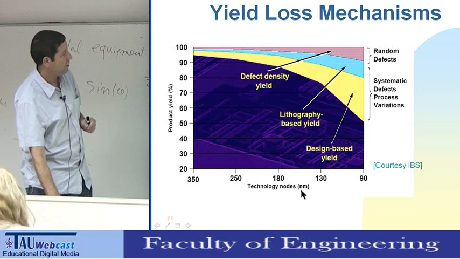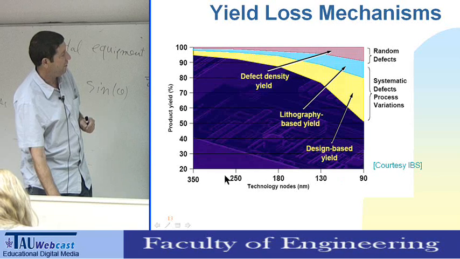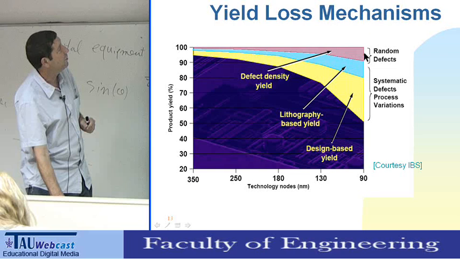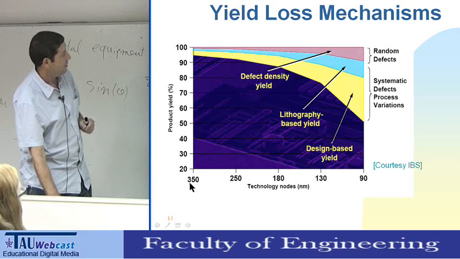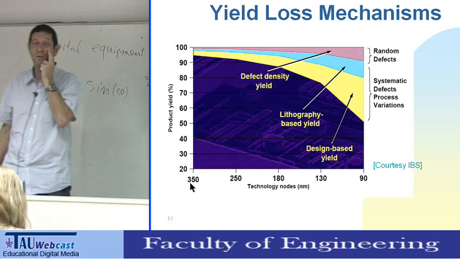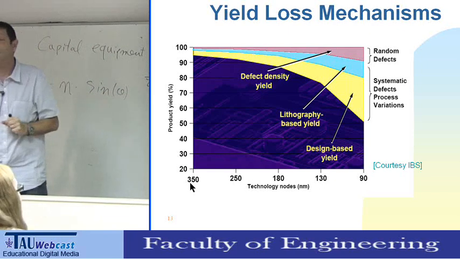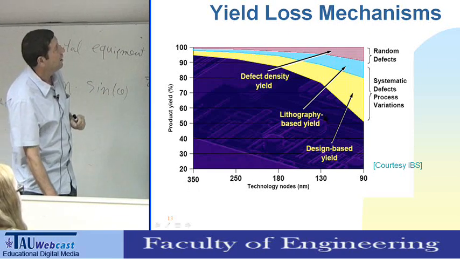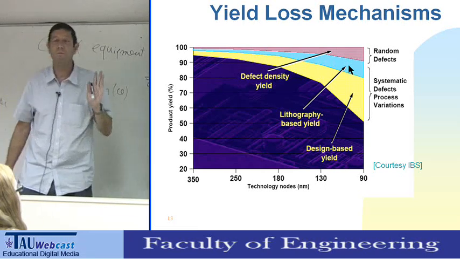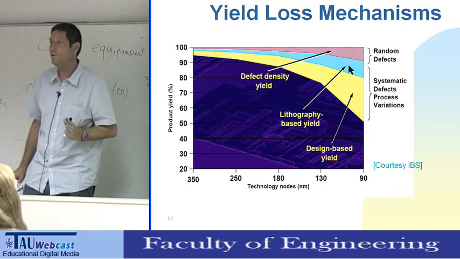So this is technology node. This is 350, 250, 180, 130, 90 nanometer. So if you talk about random defects, when the technology was 350 nanometers, about more than 15 years ago, then it was a little bit. Now you lose because of defect density, but you also lose because of lithography-based yield. Problems which are during the lithography process.